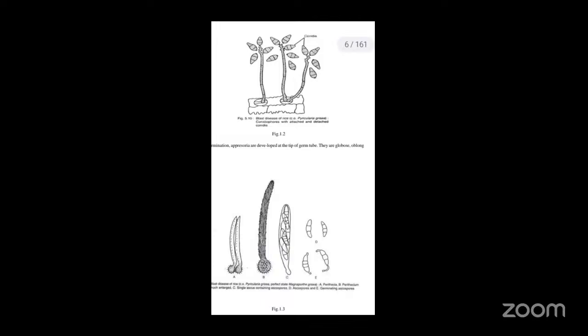A single cycle can be completed in about a week under favorable conditions, where one lesion can generate thousands of spores.